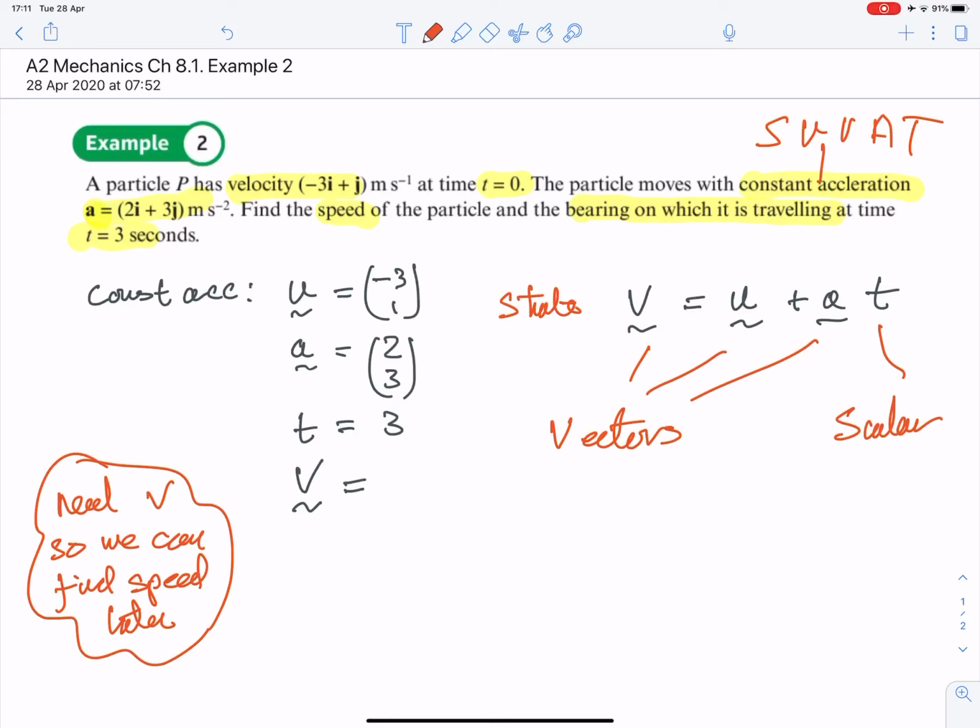So it doesn't get a squiggle, because it's not a vector. Same was used over on this side over here. v, u and a have squiggles, t is a scalar. Try to be disciplined about it.